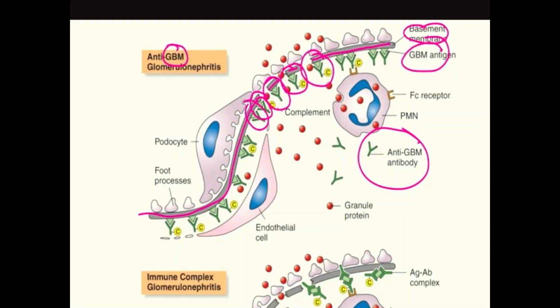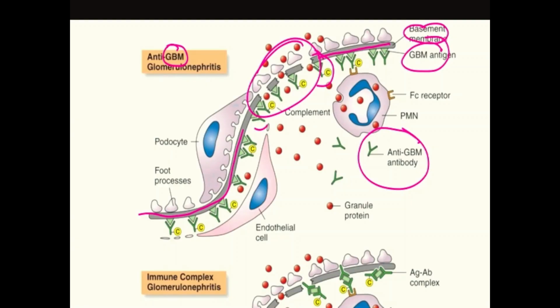When that happens, you can see these fenestrations opening up in the area right here, so bigger cells can get through. So this is anti-GBM glomerulonephritis. You have anti-GBM antibodies floating around that attack the basement membrane of the glomerulus.